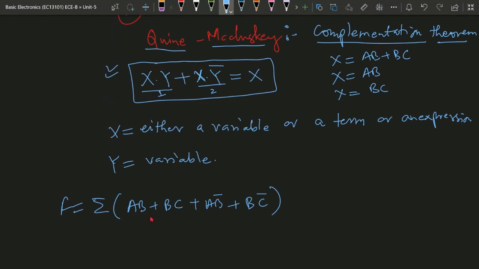Here B is there and here B bar is there, and A is common to both of them, so we can group them together. Similarly, this can be grouped so that we can minimize the C here, and here we can minimize the B. Likewise, we will make the grouping. After going through the min terms, we will group them together, and after grouping, we will minimize using the complementation theorem.